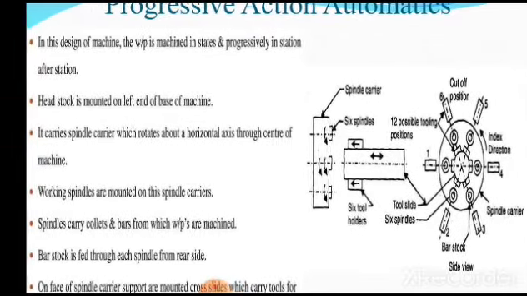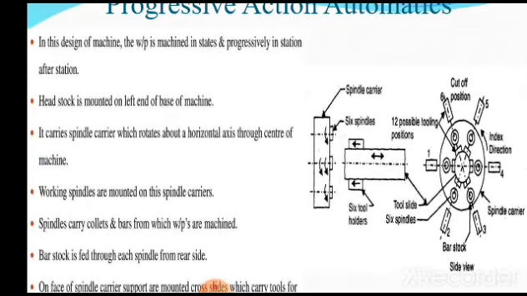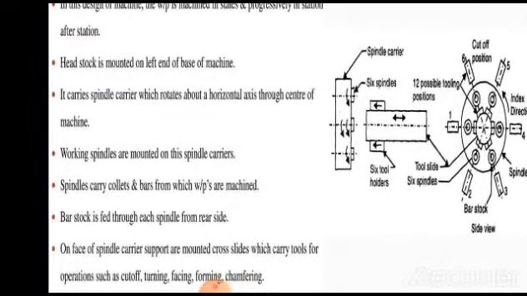It carries a spindle carrier which rotates about a horizontal axis through the center of the machine. Only through the center of the machine is it made to rotate. Working spindles are mounted on this spindle carrier. Spindles carry collets and bars from which workpieces are machined. Bar stock is fed through each spindle from the rear side.